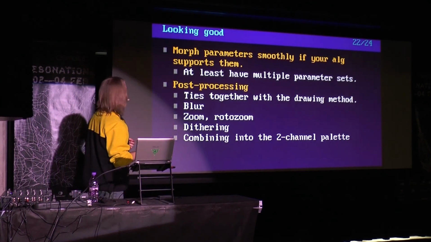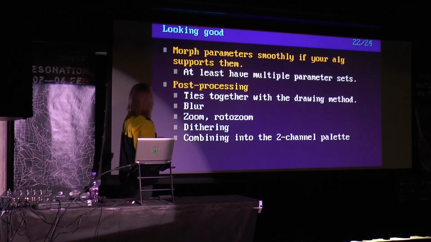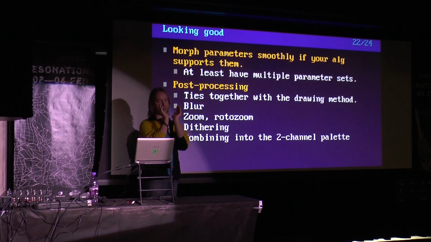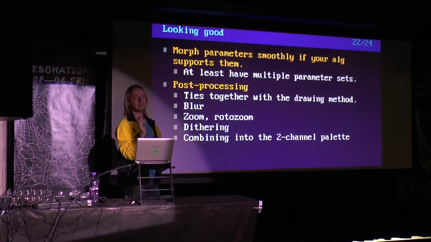So how to make it look good? If you have an algorithm that can accept smoothly varying parameters and it doesn't explode anywhere in the middle, it's really awesome to do animation this way. I use this, for example, in my symmetry intro, which I might show later.